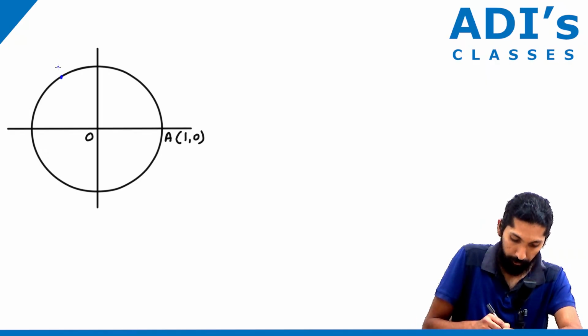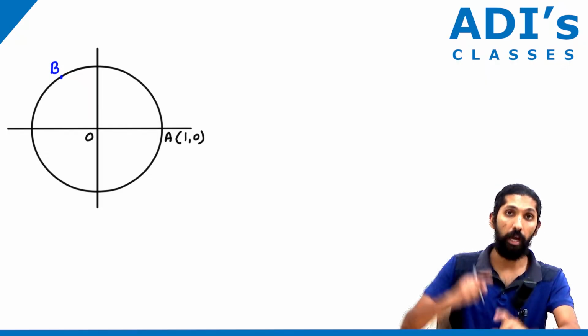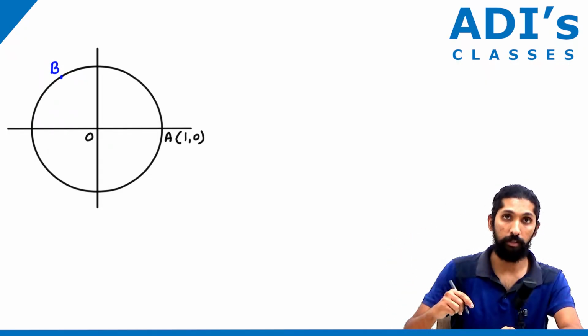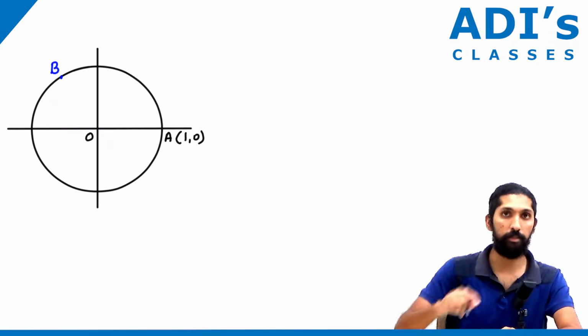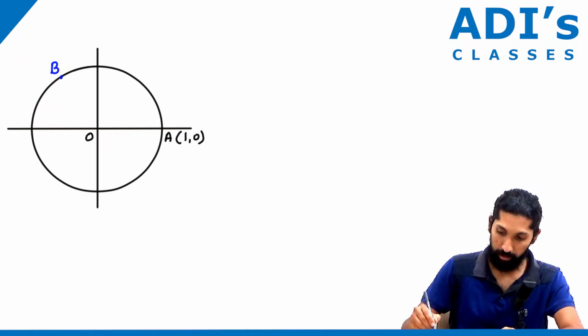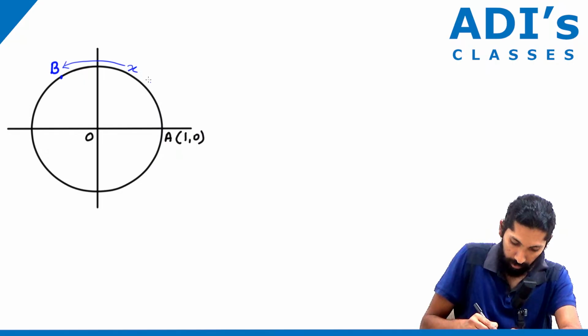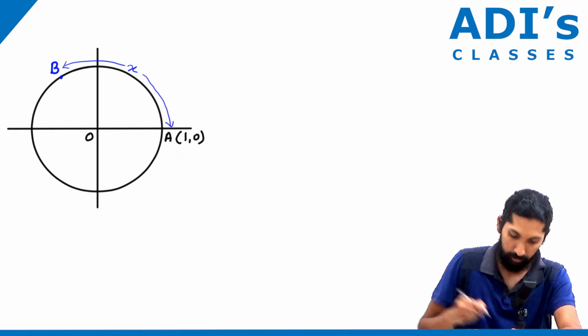Say this point is B. Now A to B across the arc of the circle, in the sense across the circumference of the circle, say the distance is x. This entire thing is x.